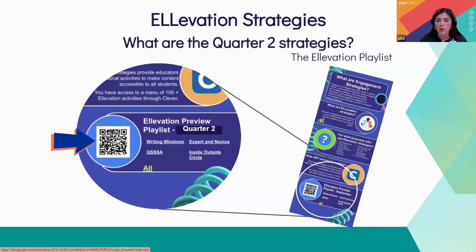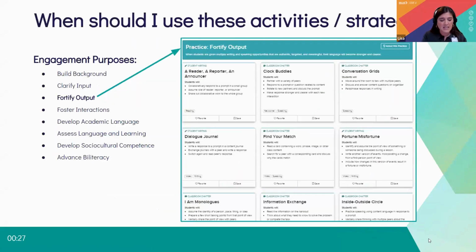So depending upon what your engagement purposes are, the playlist might change. When you look at this slide, each purpose has a catalog of activities or strategies that you can choose from. For example, this table shows activities that you might use if you wanted to fortify output.